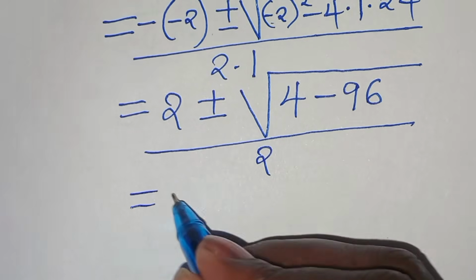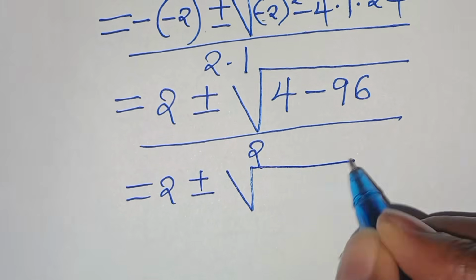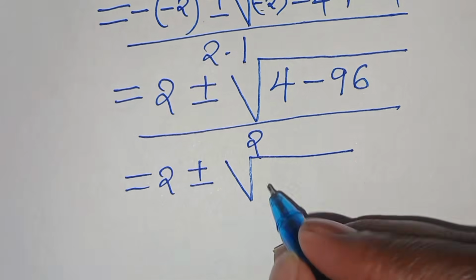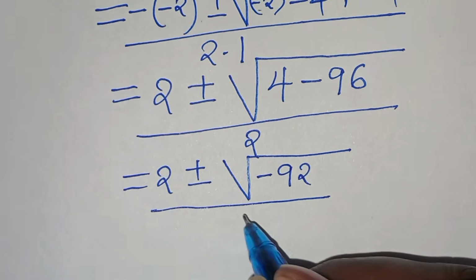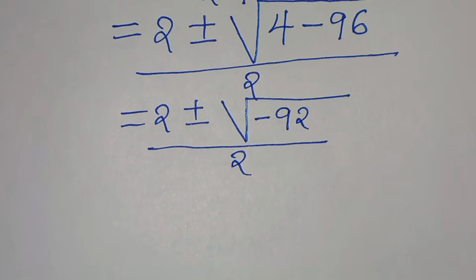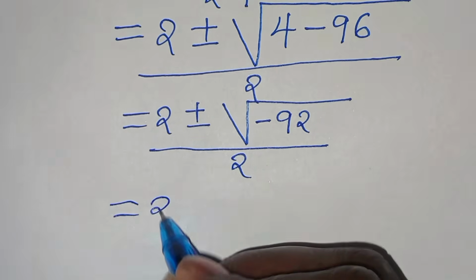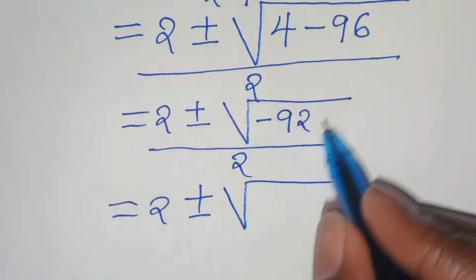So this means we have 2 plus or minus, this is the square root of 4 minus 96, this is minus 92, everything here divided by 2. So we have this is 2 plus or minus the square root of minus 92.